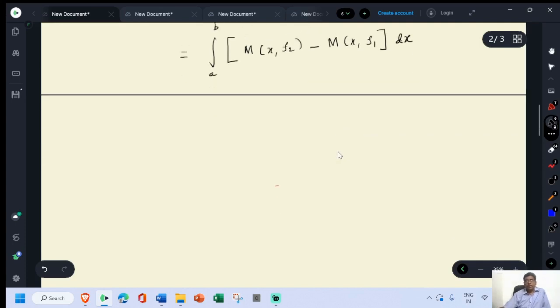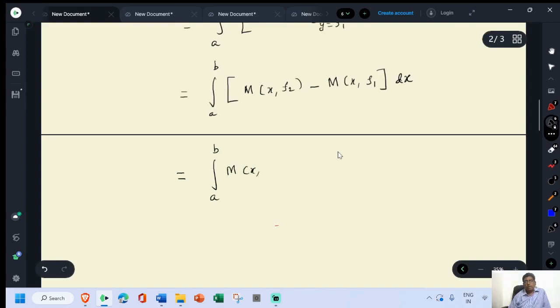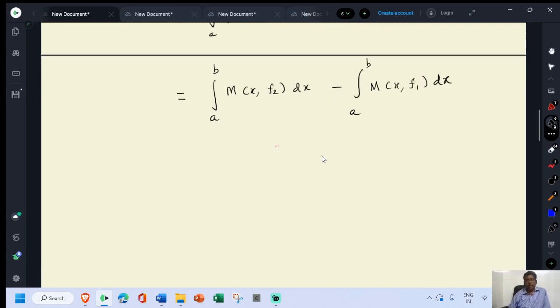Now we have to separate this into two integrals. This is equal to the integral from a to b of M(x, f2) dx minus the integral from a to b of M(x, f1) dx.